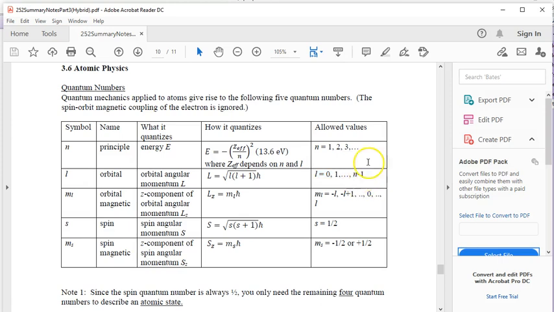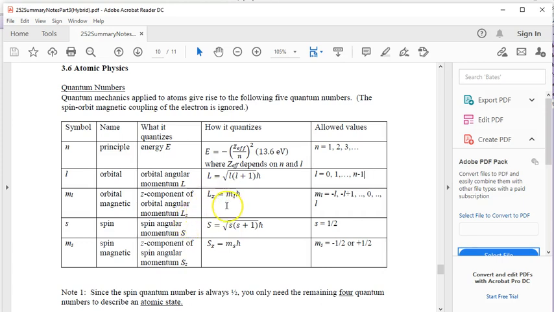Okay, now what's the third quantum number? That's usually symbolized by m sub L, that's m subscript L, and this is commonly called the orbital magnetic quantum number. What does it quantize? It quantizes the z component of orbital angular momentum, L sub z. Okay, and how does it quantize it?